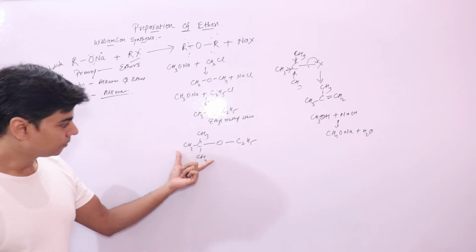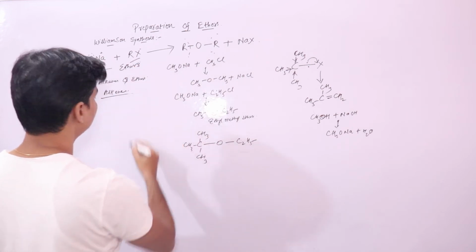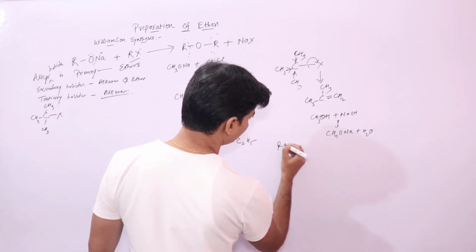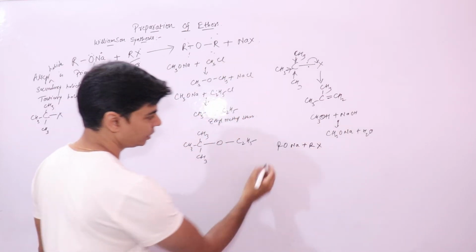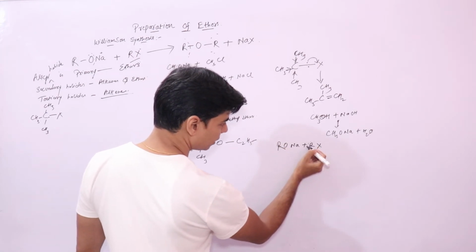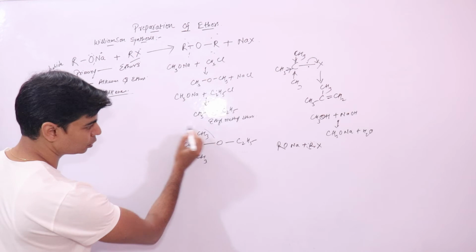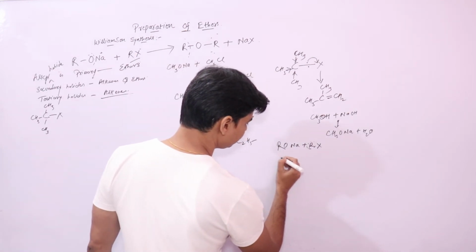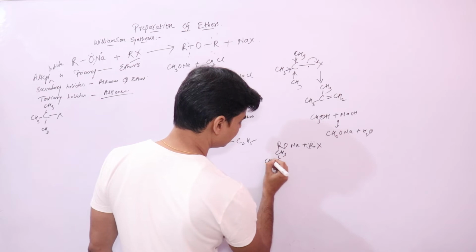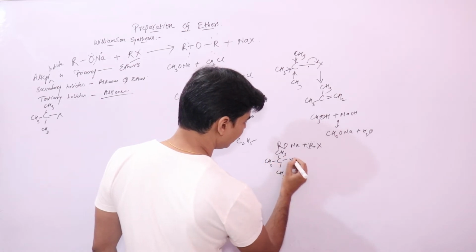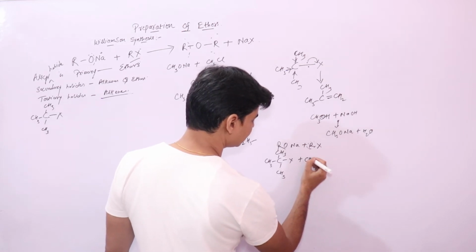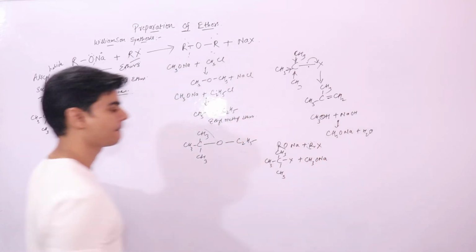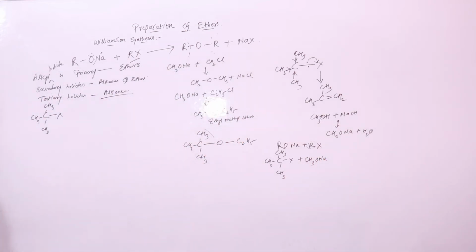In this general reaction, RONa plus RX, this is how we will obtain it. So if I take R as tertiary butyl, say this is CH3X plus CH3ONa, then what would be the product in this case? What product will I get?